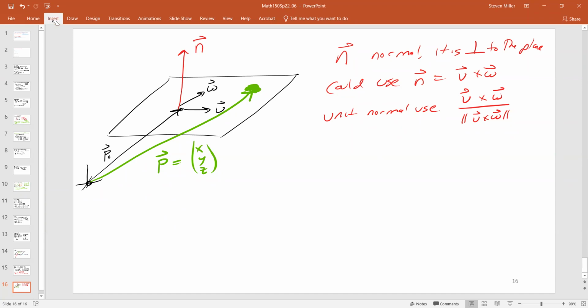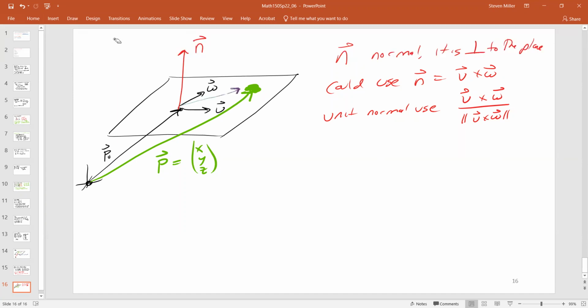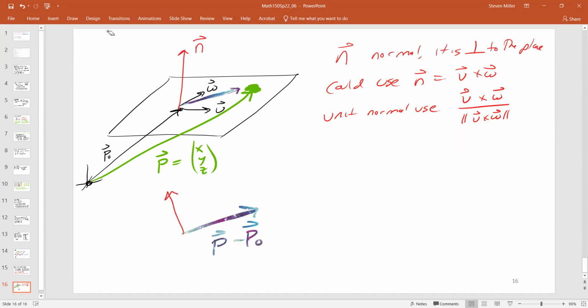Well, if I draw the line from P naught to P, this is the vector P minus P naught, and then coming up over here is the normal vector.